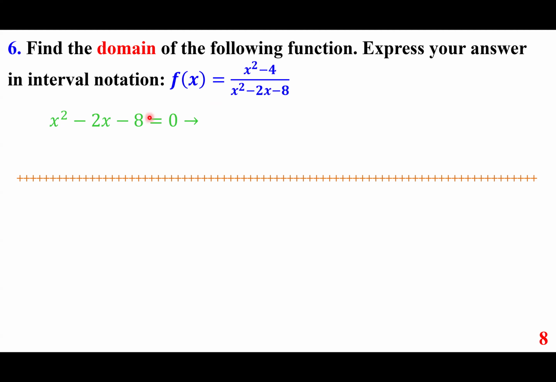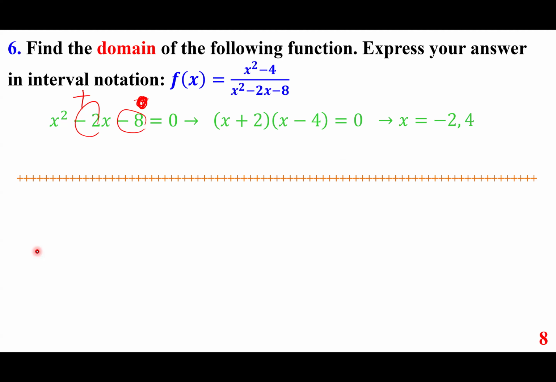We want two numbers, the product is -8 and the sum is -2: +2, -4. So x is either -2 or 4. These are the numbers that make the denominator 0.